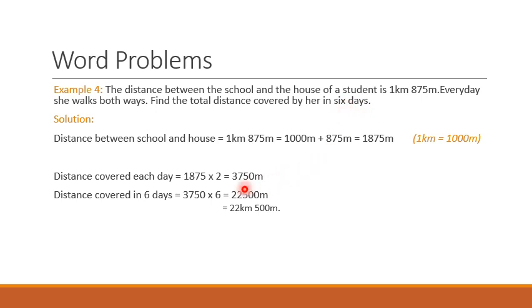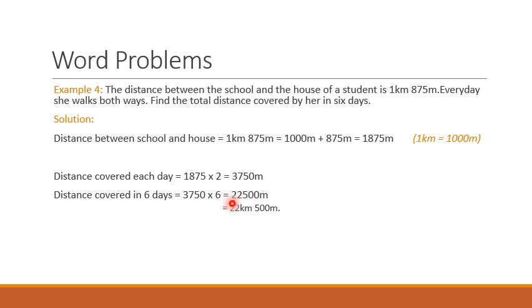Now we have to find the total distance covered in 6 days. So in one day she covers this distance, so the total distance covered in 6 days will be this distance multiplied by 6. So distance covered in 6 days is equal to 3750 multiplied by 6, which will give me 22,500 meters.